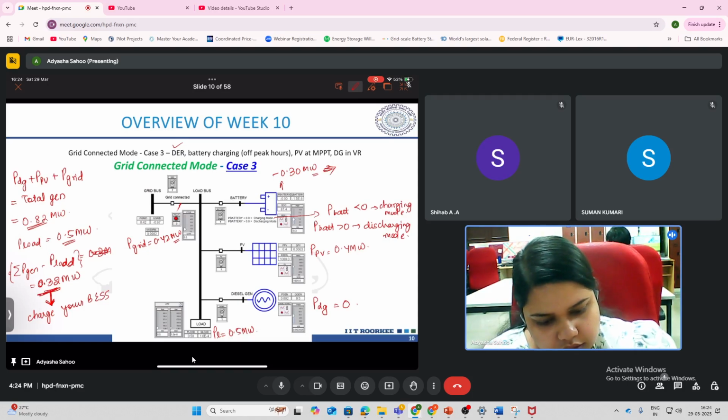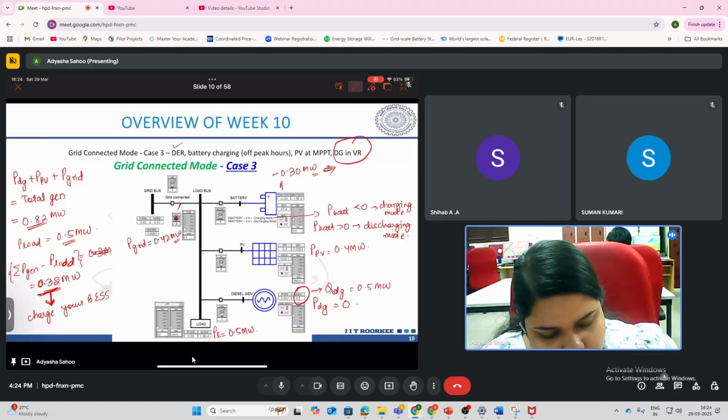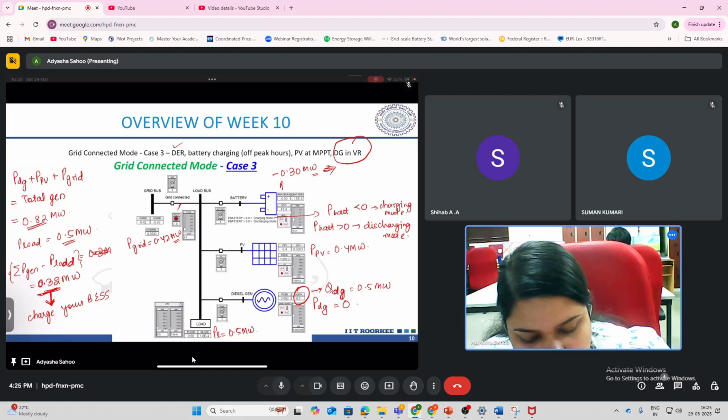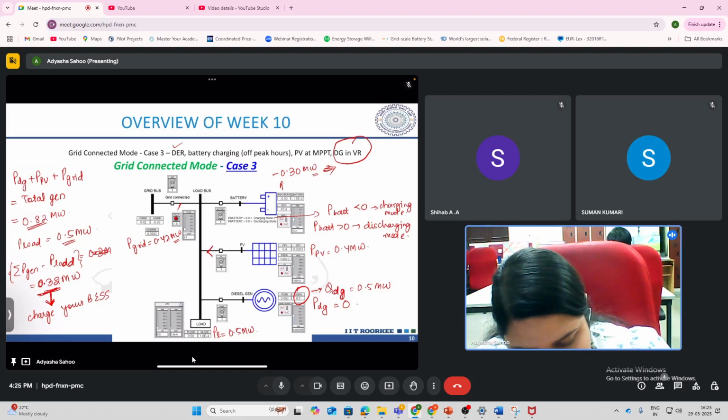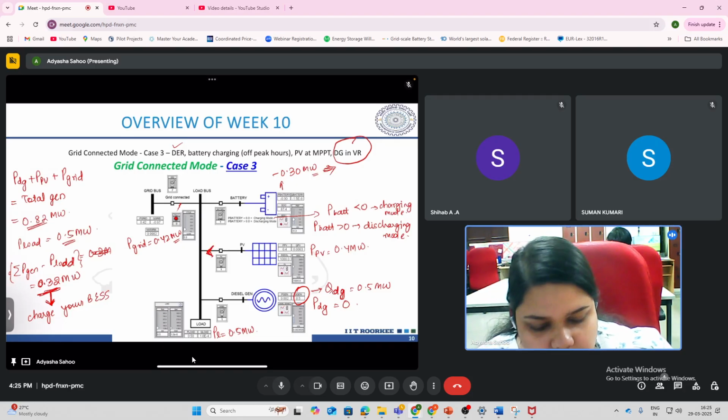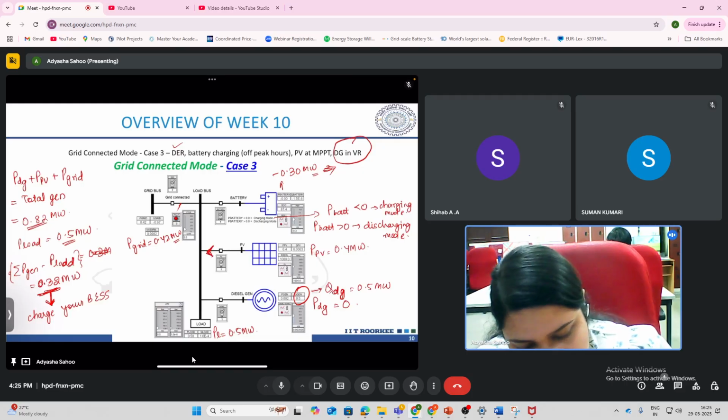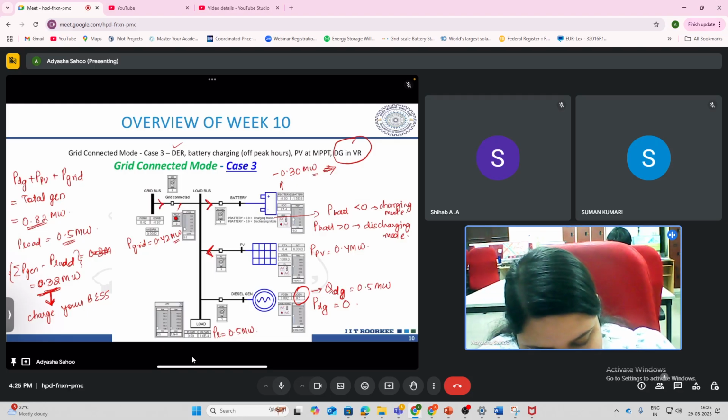And here you see the DG is in voltage regulation mode because the QDG is 0.5 megawatt. That means the QDG is injecting. If you see the flow of power, this is injecting power to the grid. The battery in this condition is charging, so it is drawing power. The grid is injecting power to the bus, and obviously the load is drawing power.